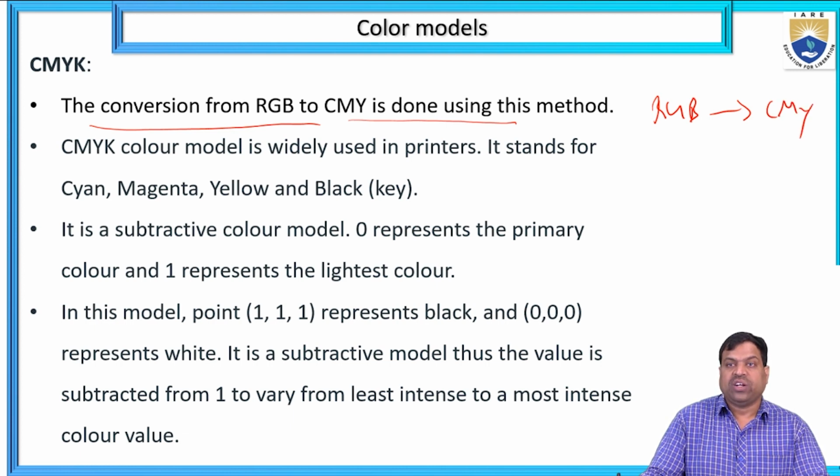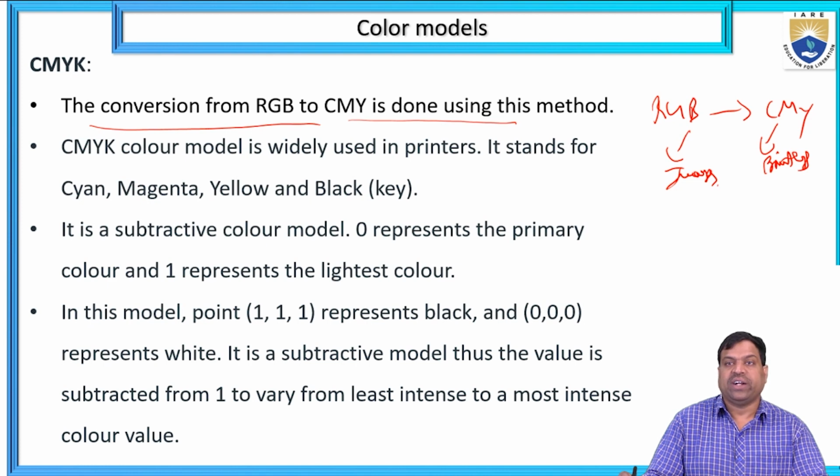The CMYK color model is widely used in printers, mostly in image conversions. It stands for cyan, magenta, yellow and black, where black is the key.